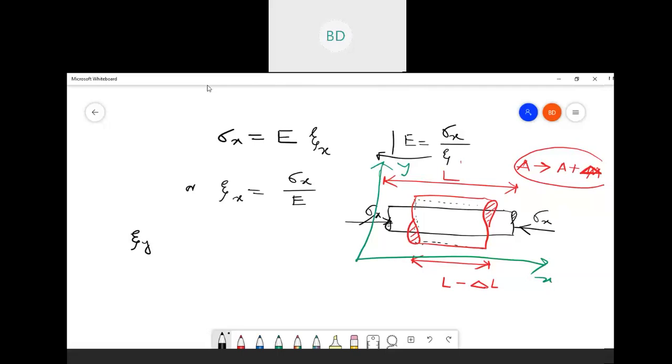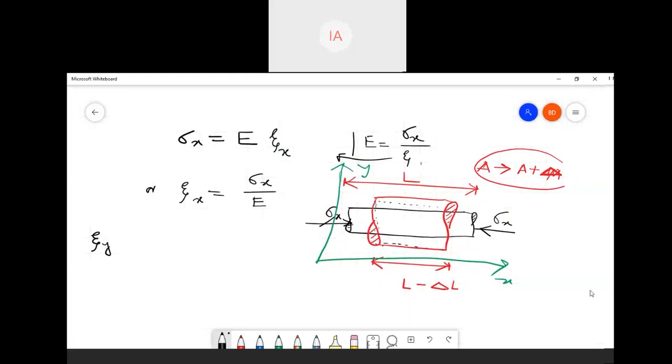Now is it visible? Visible, sir. Okay, so shall I repeat this thing? Yes, sir, if you could repeat it, it would be better.